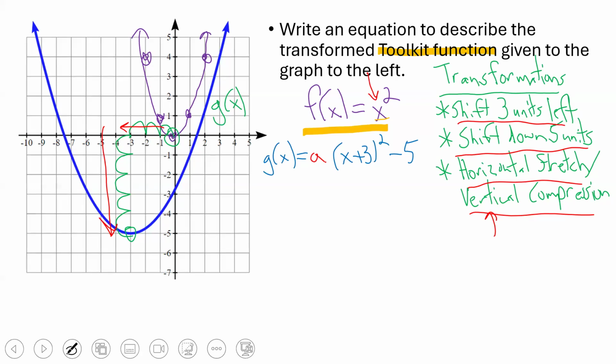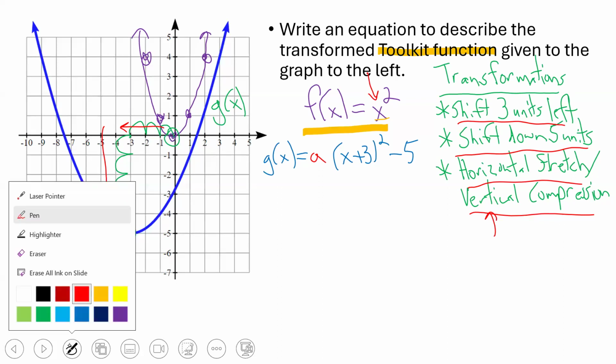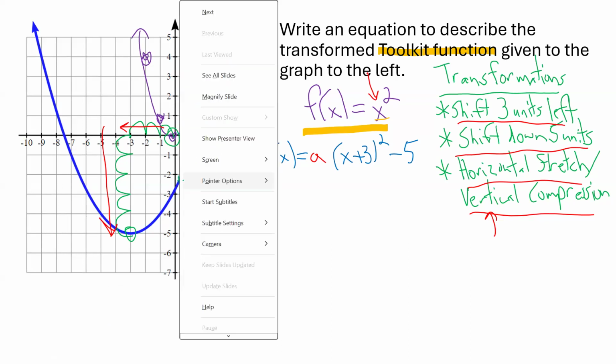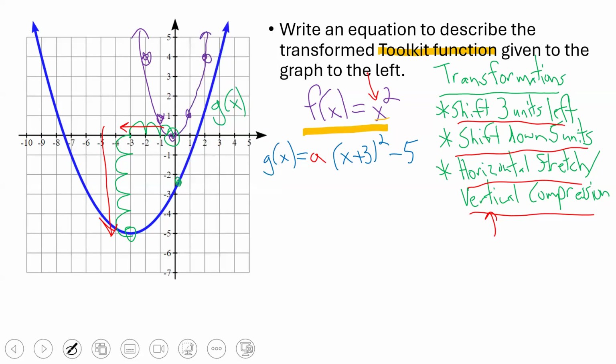And then to help us solve for the value of a, I'm going to go over here and look at the graph and try to find a point for which I can easily read the coordinates. So for example, I don't want to use this point right here that I'm trying to draw. There we go. Because it looks like that may be at like negative 0.2, negative 2.3 or something like that.